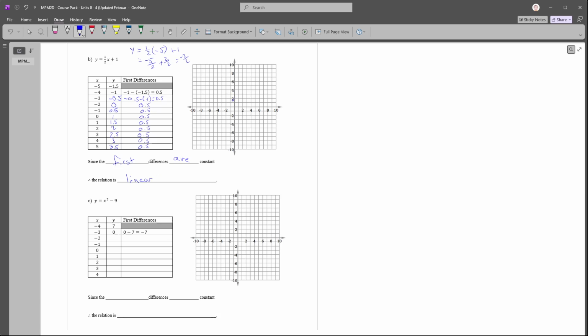Great. We can try and graph it as well. -5 all the way over here, and then -1.5, that's going to be down here. Right about there. -4, -1, -3, -0.5. We can see this is a pretty shallow line. We're just going to keep going here.